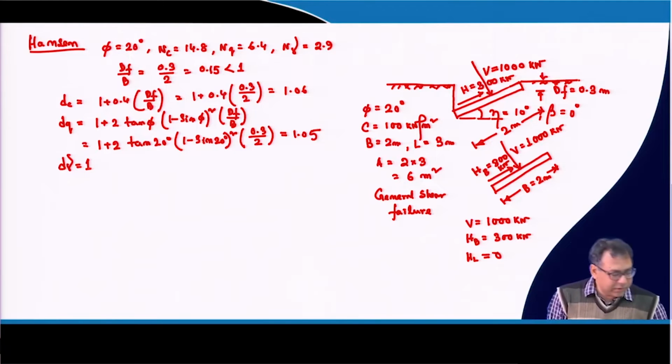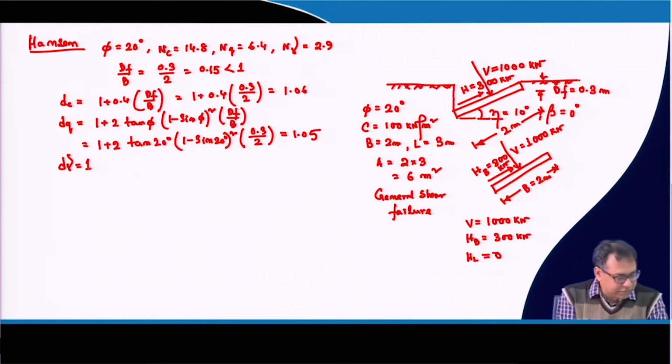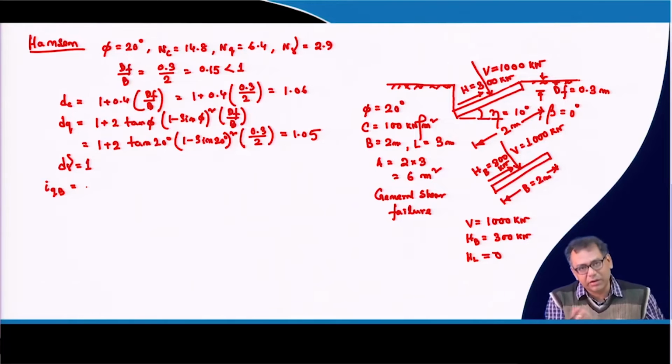Now, we have to calculate the inclination factor, because we have to modify the shape factor by using the inclination factors. So, first we will calculate the inclination factor, that is iqB. You can use iq also because it is actually iqB.